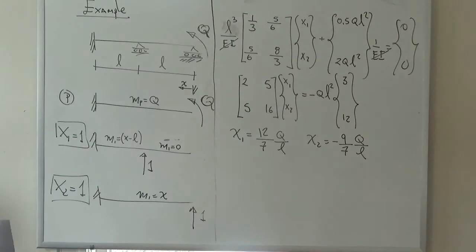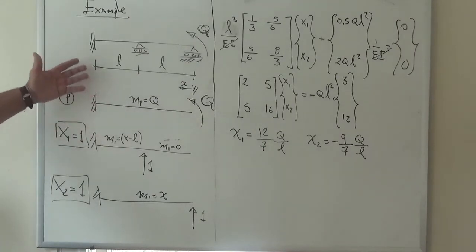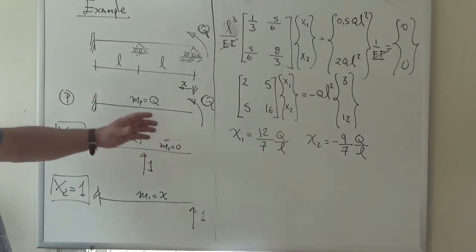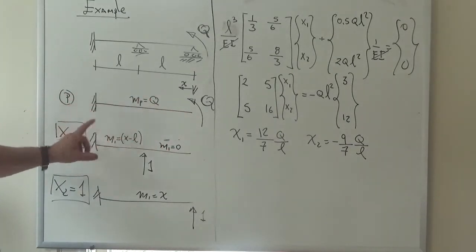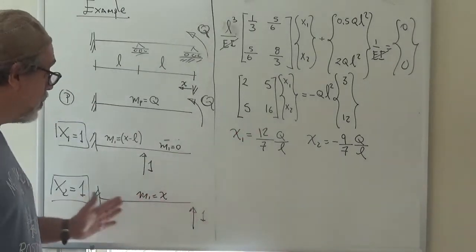Now that we know what x1 and x2 are, we can actually start from scratch, which is fine. Or if you'd like, you can realize that any question that you want is simply regarding shear and moment, or at least regarding moment, because we didn't draw the shear. For example, what is the moment everywhere? Well, it's the moment here, which is Q everywhere, plus this equation multiplied times x1, plus this equation multiplied times x2, right?